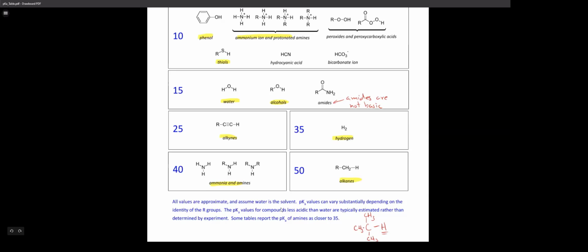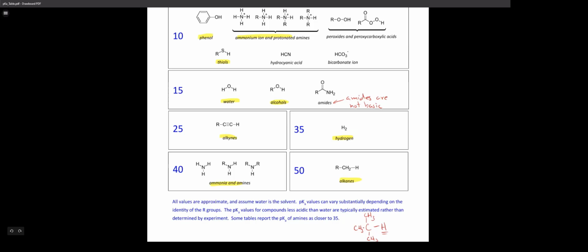Of any of these hydrogens, that's an alkane. So what's its pKa? Where are alkanes? They are 50, okay? So these are the weakest acids you can imagine.